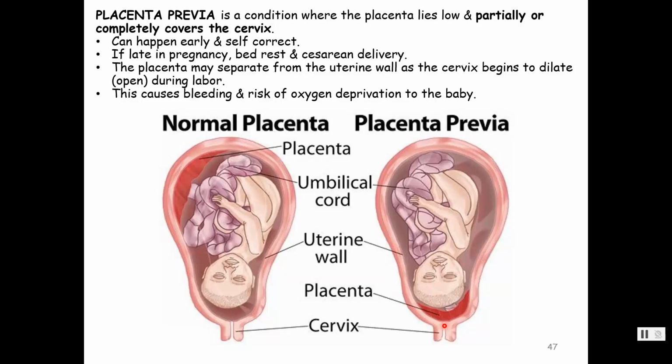If this is now across an open space, and as the woman moves around, those connections get severed, there can be bleeding. And two, the more connections that are severed between the placenta and that endometrium, that risks that baby being deprived of oxygen. That's why that mother's put on bed rest, to restrict motion and that possible severing of the placenta from that uterine wall. And so yeah, placenta previa.